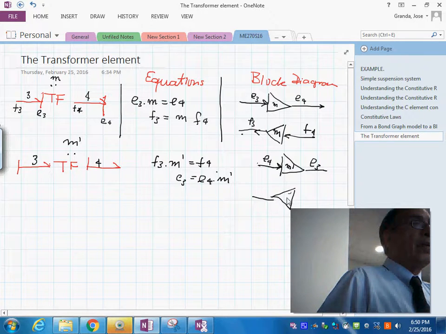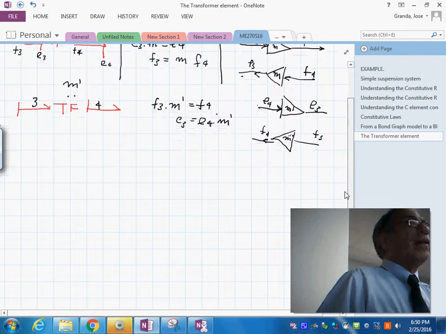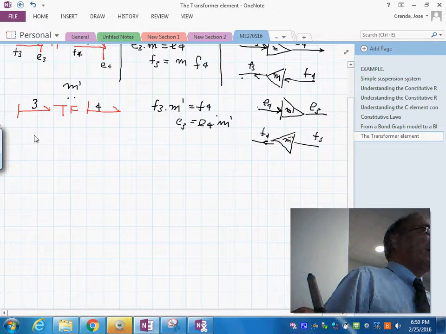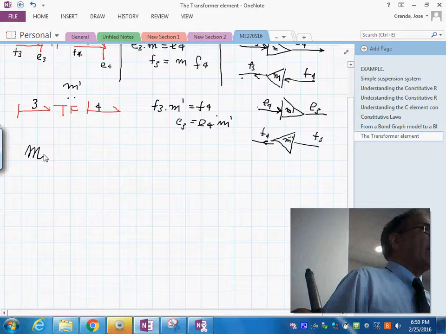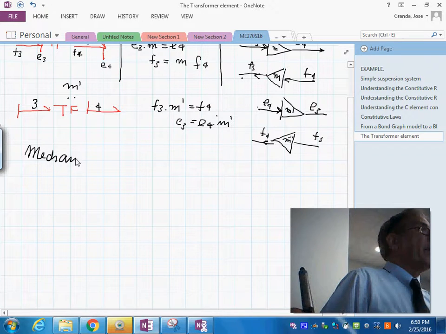This is in general. Let's just say an example of a mechanical system. If you have a lever with L1 and L sub 2, and then you can apply the force F1, and this is F sub 2.